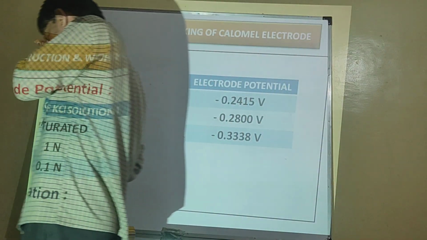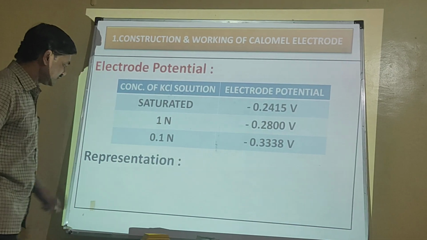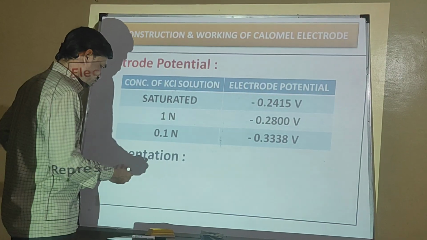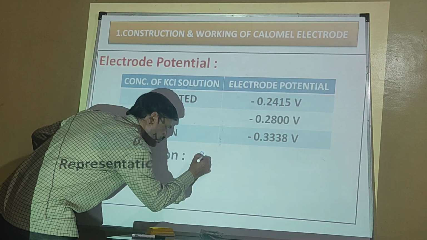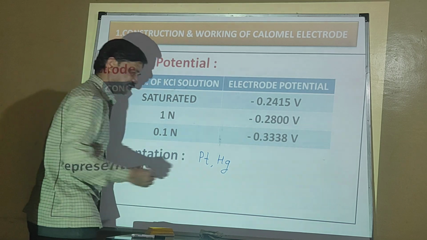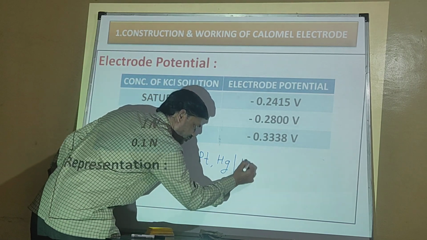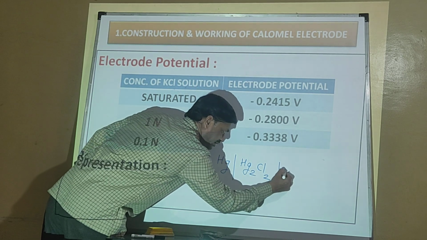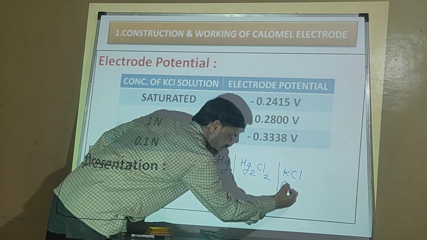Now what is the next part? By using sign conventions, we have to represent the calomel electrode on paper. So how to write this representation? This is platinum. It is sealed using mercury. It is in contact with which one? Hg2Cl2. It is in contact with KCl. And what about KCl?